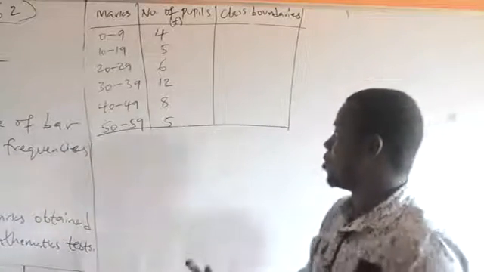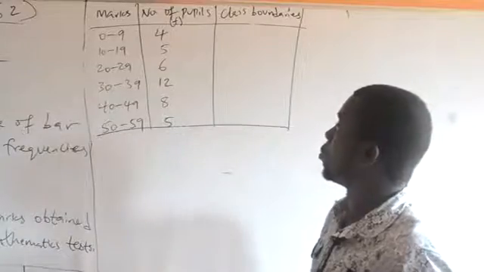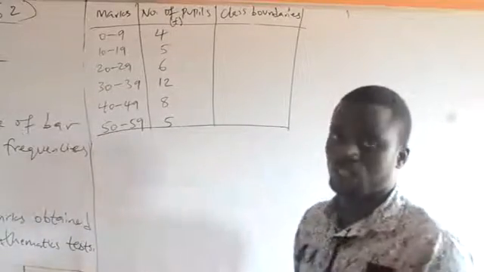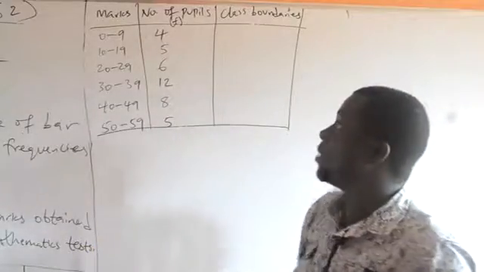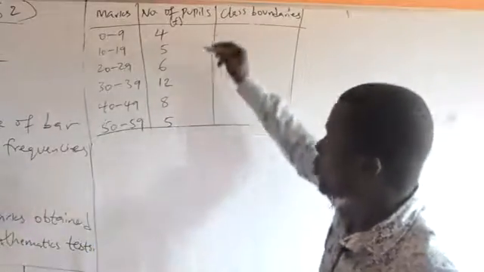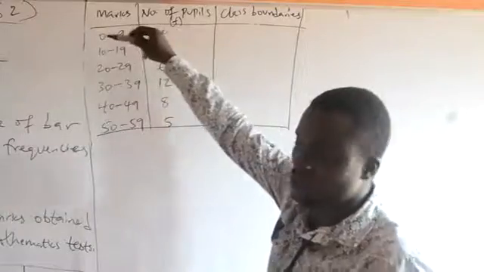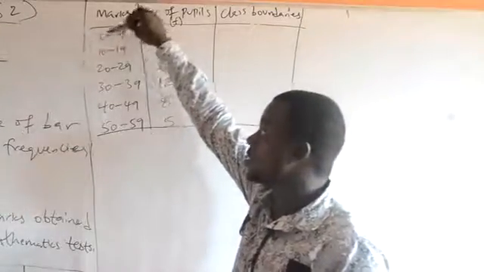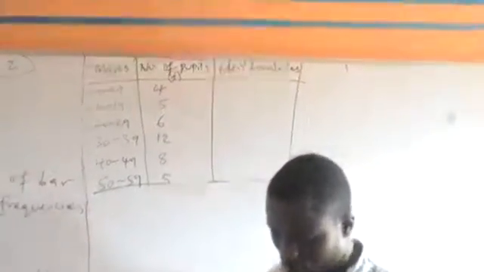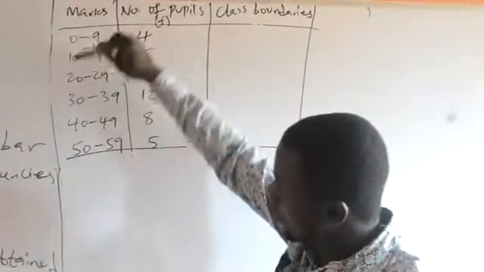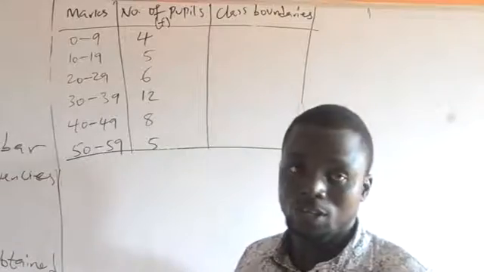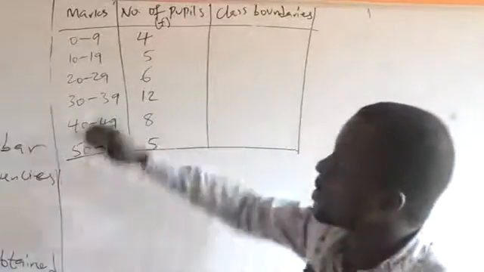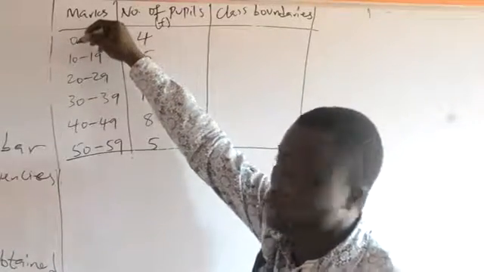Now what you have to do is to find the class boundary for these respective marks. I told you, for the class boundary, here we subtract 0.5, here we add 0.5. But we don't have anything to subtract from this 0. Can you say 0 minus 0.5 to give you minus 0.5? It's not possible. So since nothing is there to subtract from, just leave it at 0.